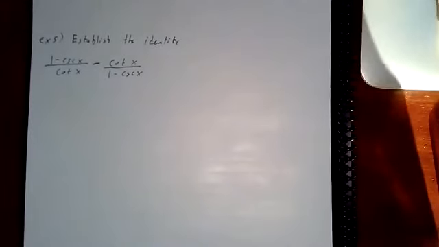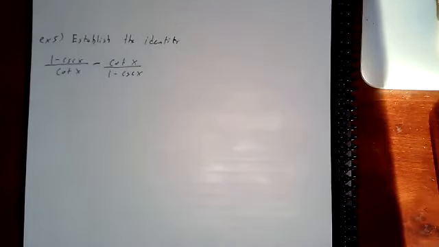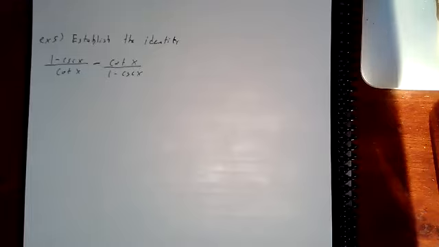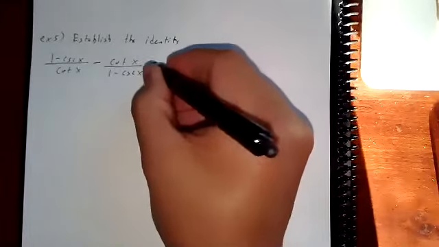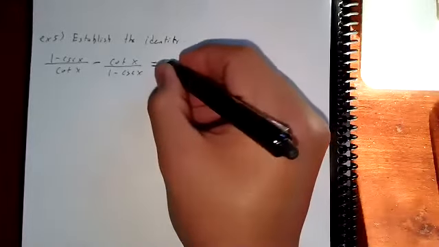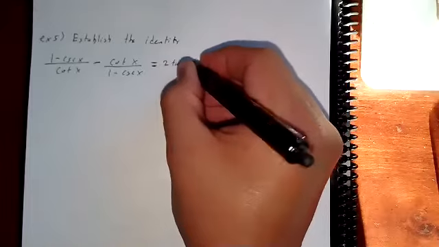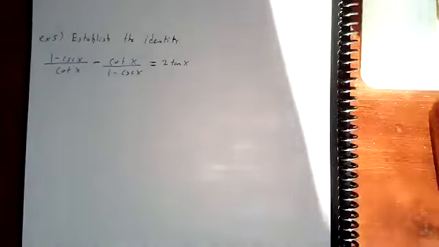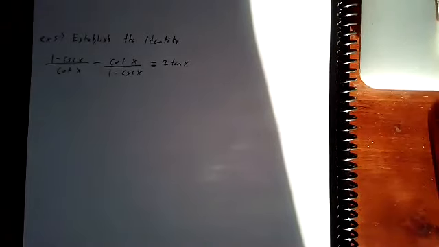I didn't see that. 1 minus cosecant over cotangent minus cotangent over 1 minus cosecant. So this will be 2 tan x. So obviously you're going to pick the left side, right?